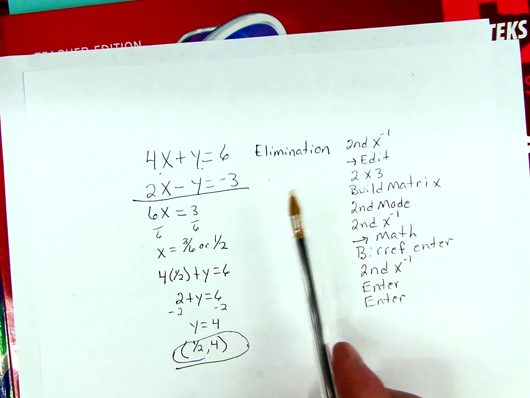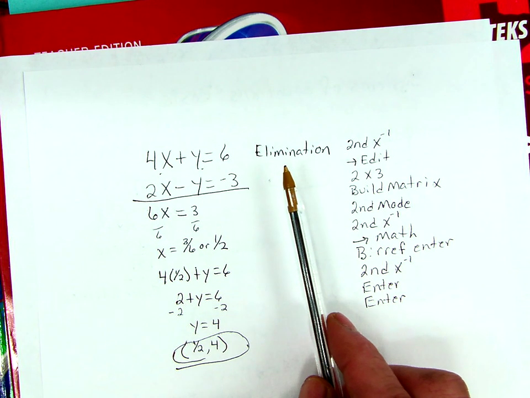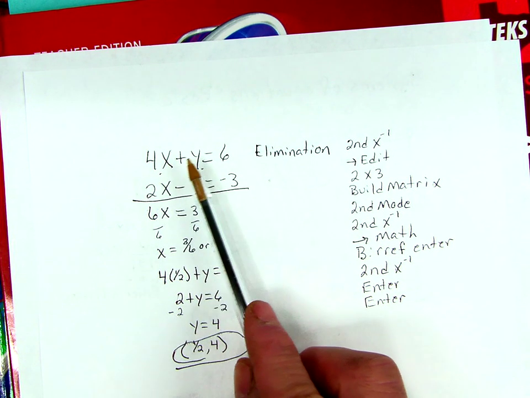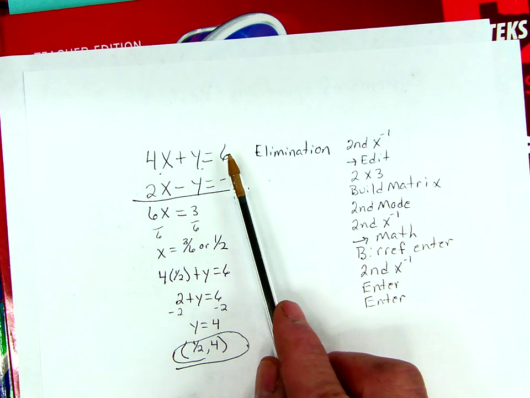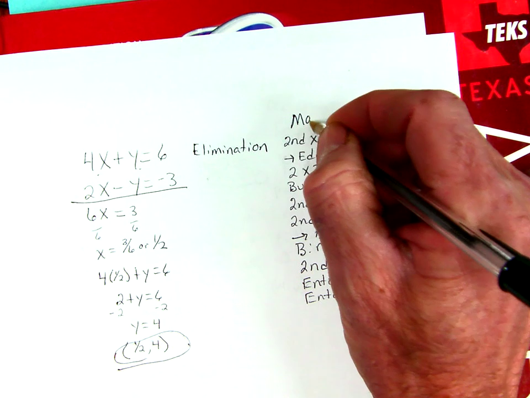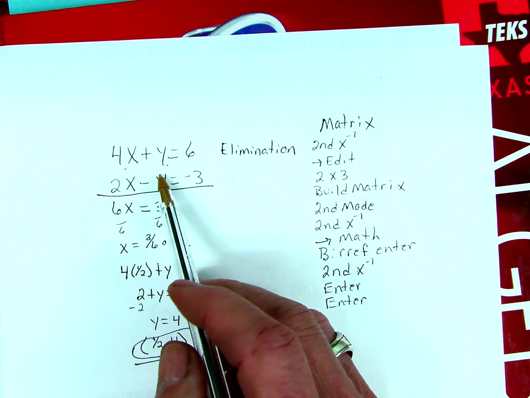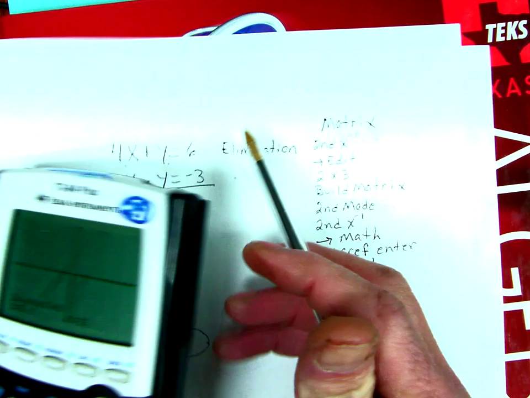Now the thing about elimination is it can also be done entirely in the calculator, using the coefficients of each variable and the constant, using matrix. So we're going to do this same problem again, only this time we're going to use the calculator to do the whole thing.